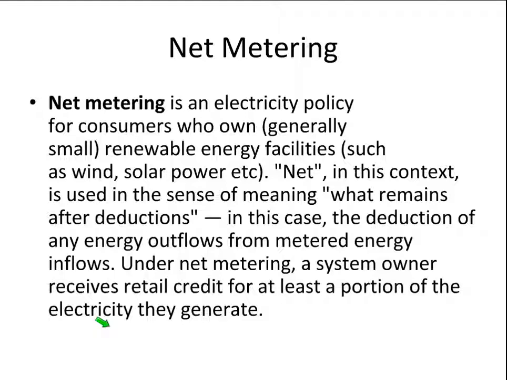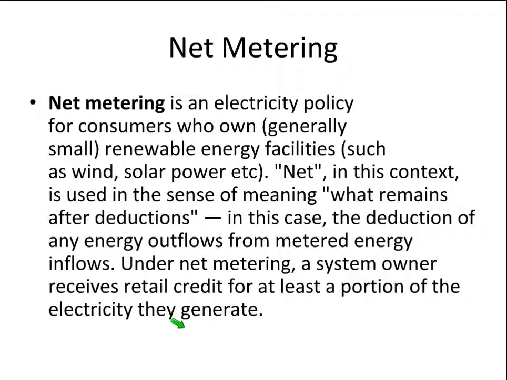To read this, it's an electricity policy for consumers who own generally small renewable facilities such as wind, solar, etc. Net in this context is used in the sense of meaning what remains after deductions. In this case, the deduction of any energy outflow from the metering energy inflows. Under net metering, a system owner receives retail credit for at least a portion of the electricity they generate.